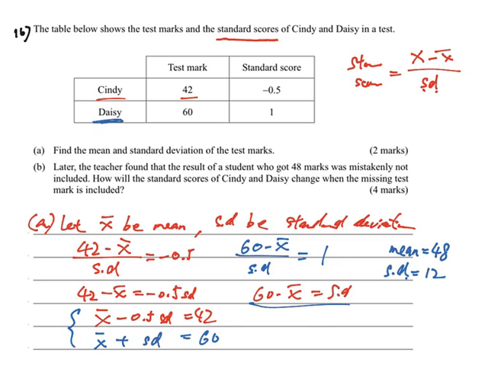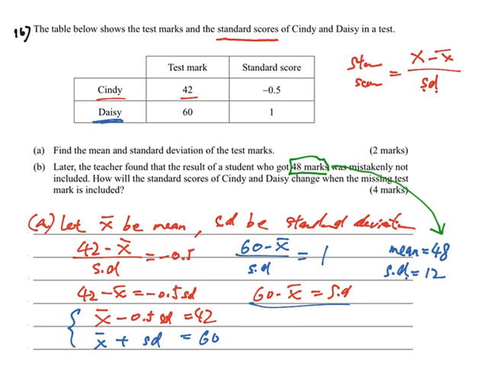For part B, the teacher found that the mark 48 was mistakenly not included. That means it's missing, so the standard score will change. We can see this mark is exactly the mean.